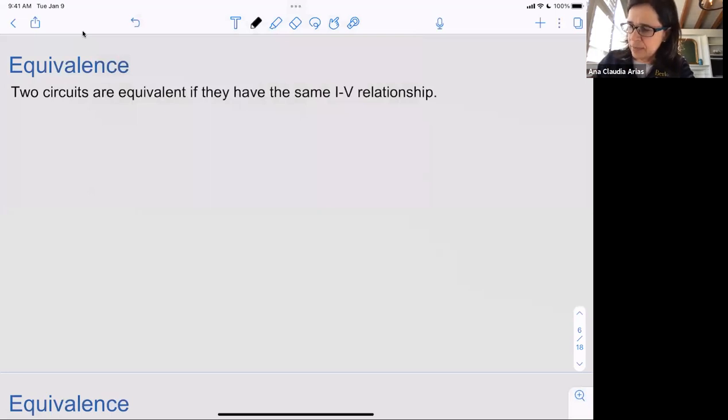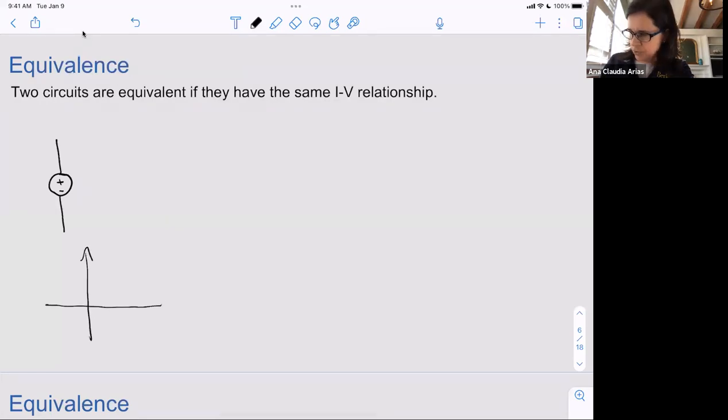First, let's say I have a voltage source. In the first class, we drew the IV relationship for a voltage source. For those who didn't come to class, here's a review.